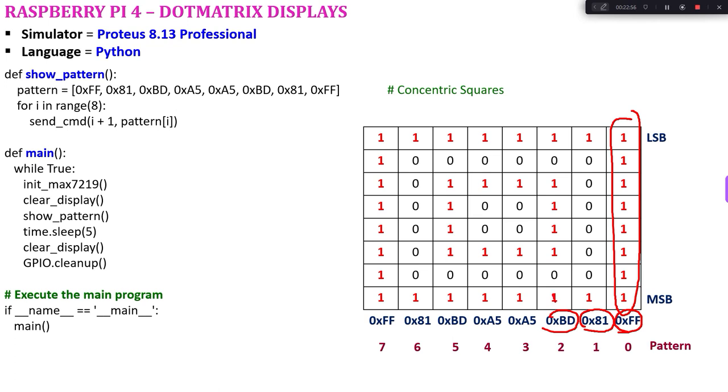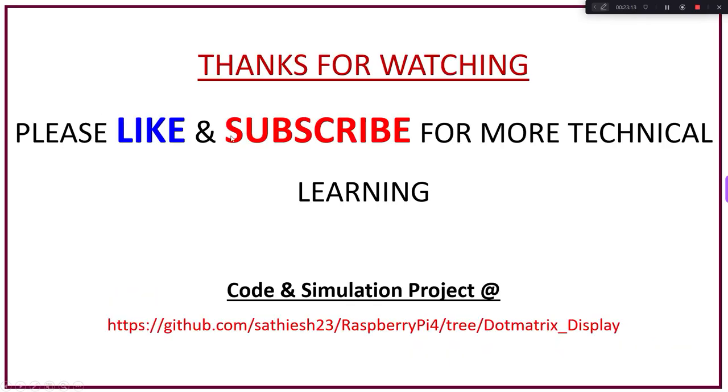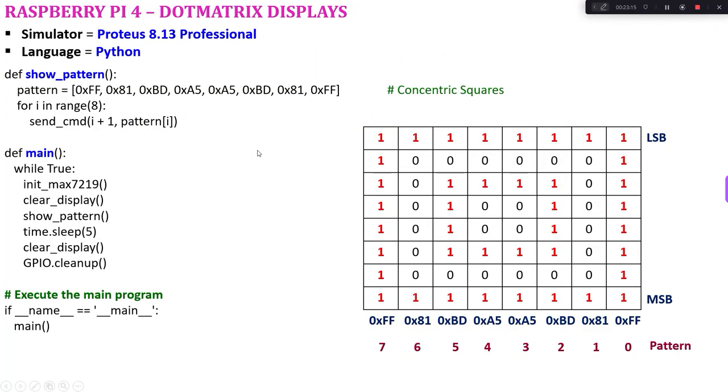BD in the sense, 1011 is your B, 1101 is your D. So like this, I am going to take the values depending upon what pattern you want. Those patterns we are going to initialize here.